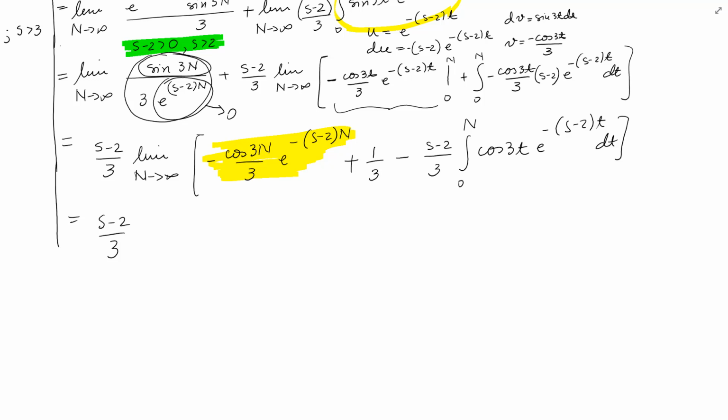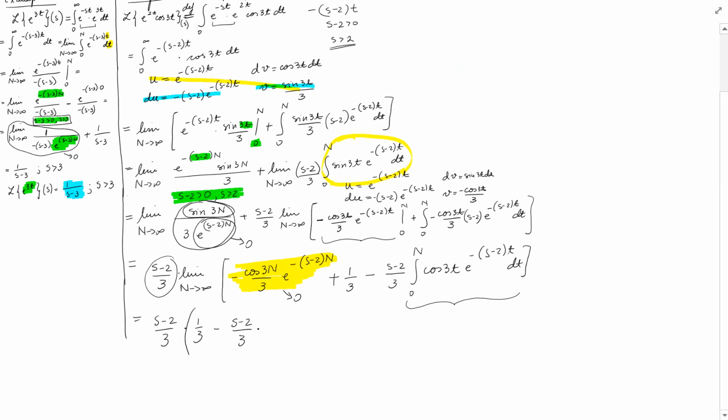I'm not going to explain that again because I already explained it above for sine. And so this is going to be 0. And then we get times 1 over 3. So let's not forget this quantity here, times everything that is inside parentheses, minus s minus 2 over 3 times, well, this whole quantity here, it's actually what we started with, right?